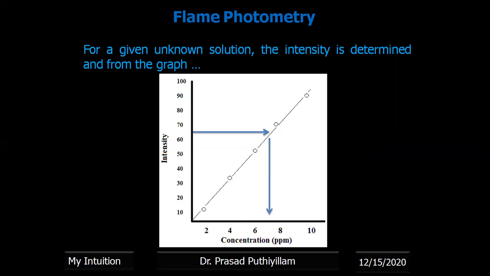Where it intersects the x-axis, that is the concentration in ppm. Since we already know how much 1 ml or 1 ppm contains, whatever value is obtained here is multiplied by the potassium amount in 1 ml, which will give the amount of substance present in the unknown sample.